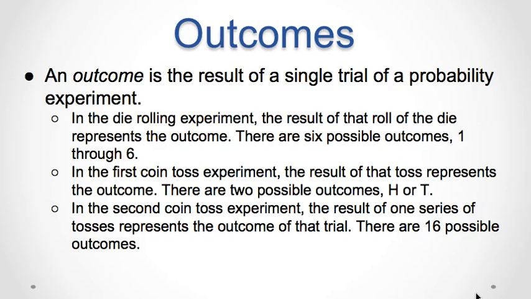In the card pick experiment, the result of that card pick represents the outcome. There are 52 possible outcomes, 52 cards in the deck. In the second coin toss experiment, the result of one series of tosses represents the outcome of that trial. There are 16 possible outcomes.